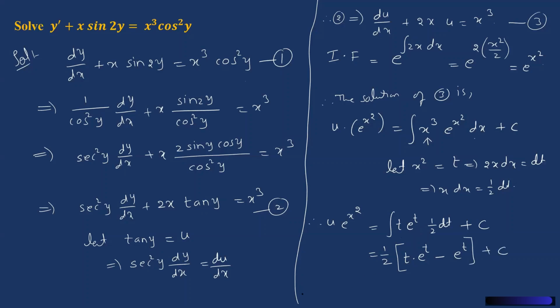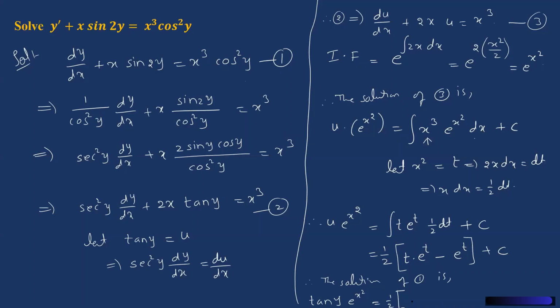Now see, we want actually the solution of equation 1. Therefore, the solution of equation 1 is, in place of u, you can substitute this. Tan y times e to the power of x square is equal to 1 by 2 times, what is t?